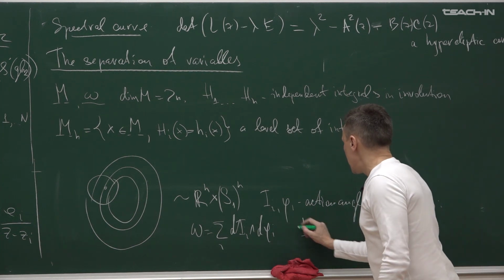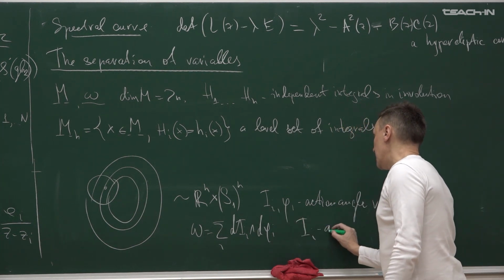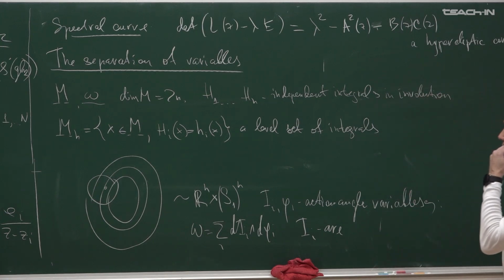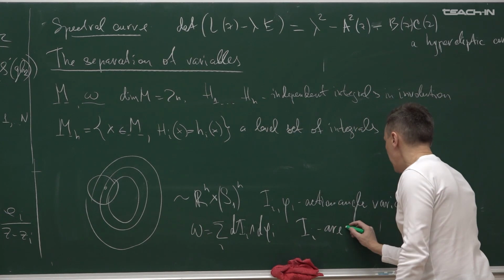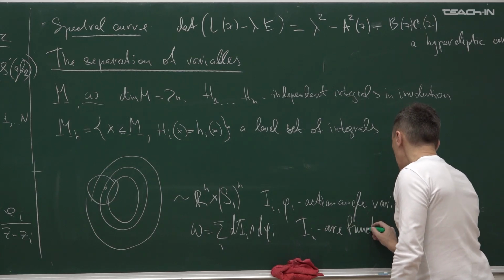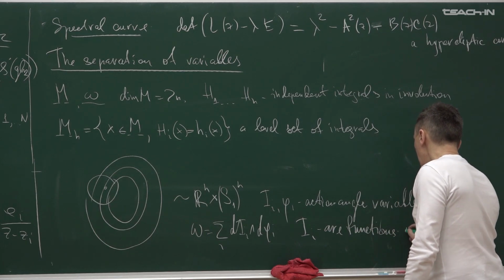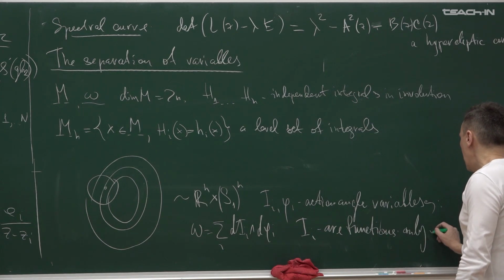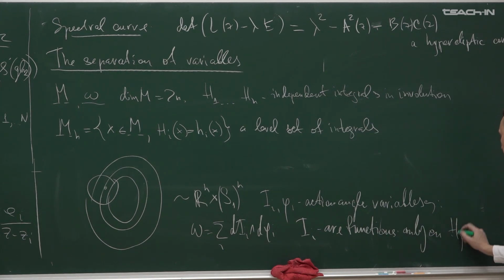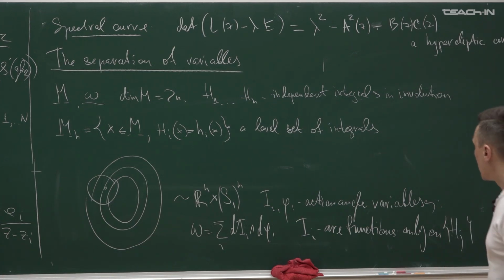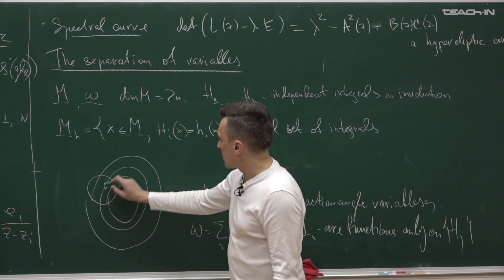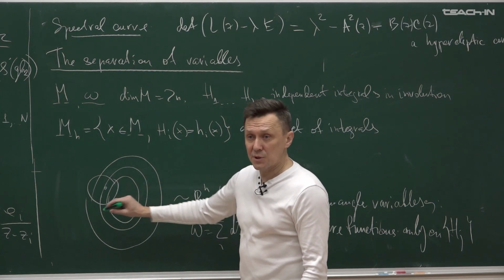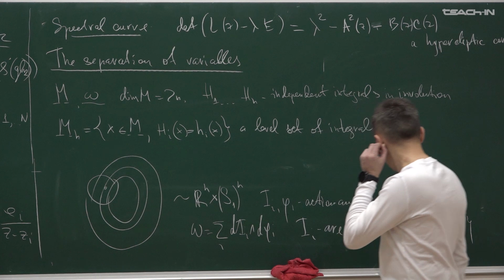And these functions depend only on the integrals h_j, on this set of integrals. So these functions are constant along the tori, which represent the evolution of the system.